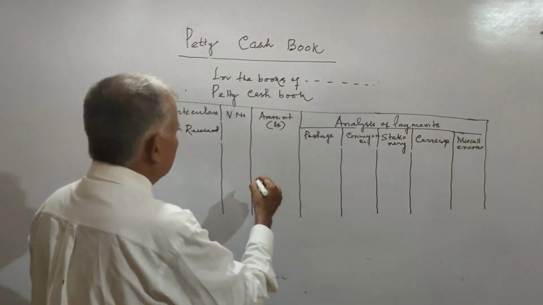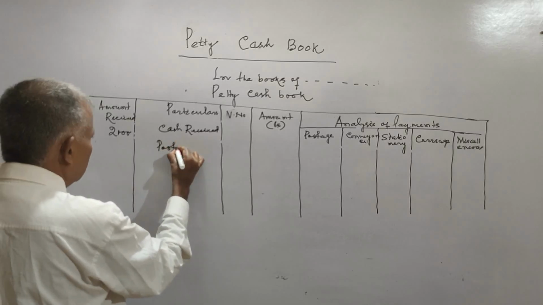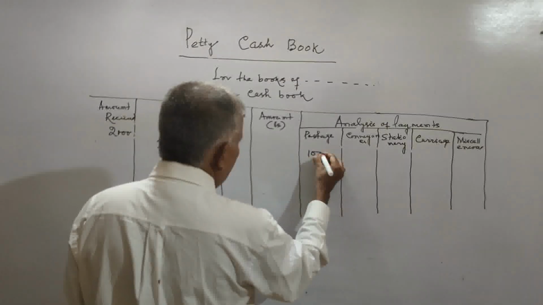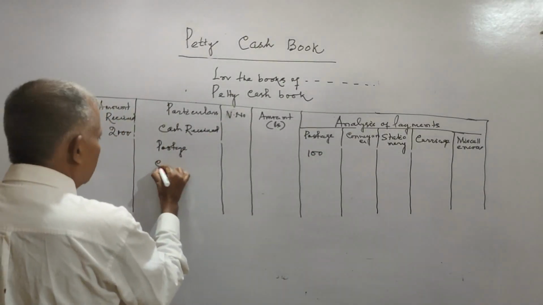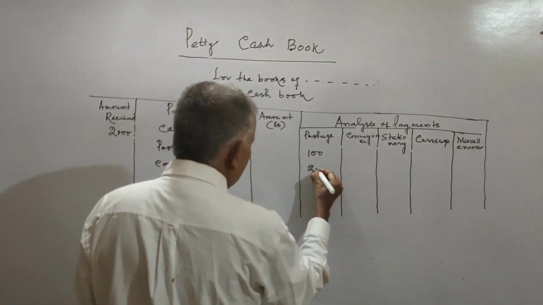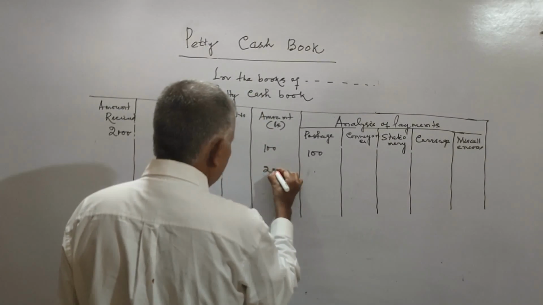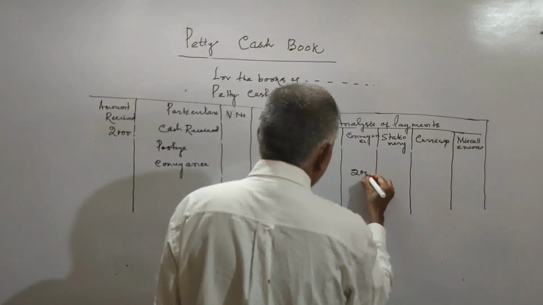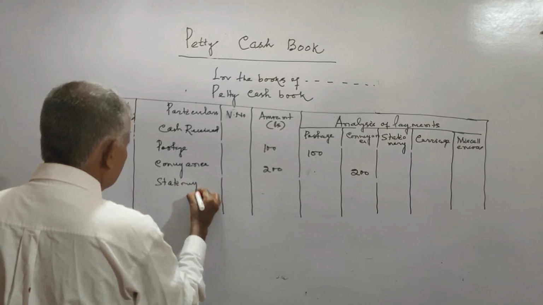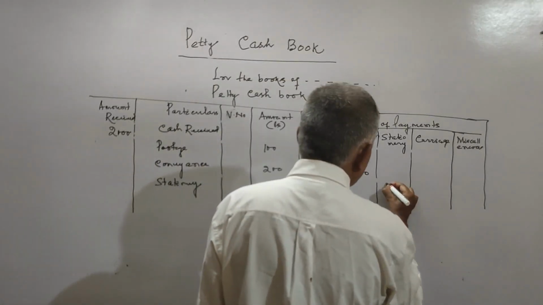And again, if we make certain expenses, say postage, say 100, conveyance, say 200 total, either in total here 200, we will also write 200 here, stationery say 50 rupees, we will write 50 rupees here.